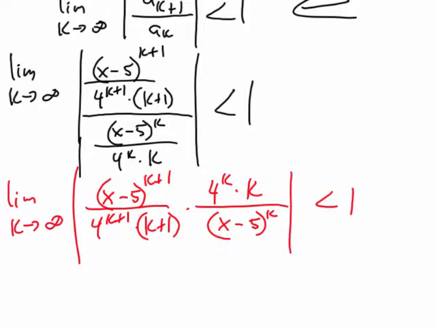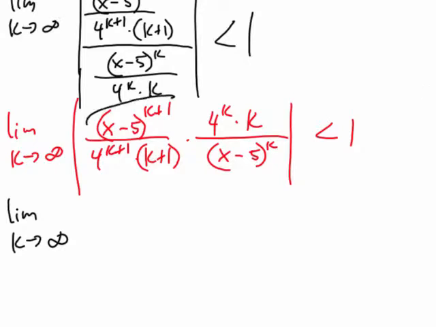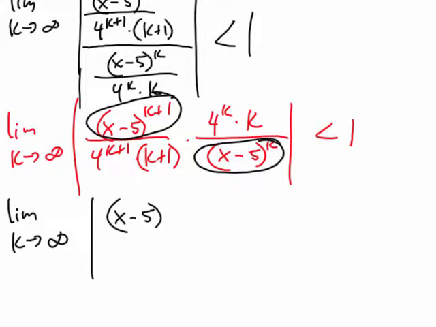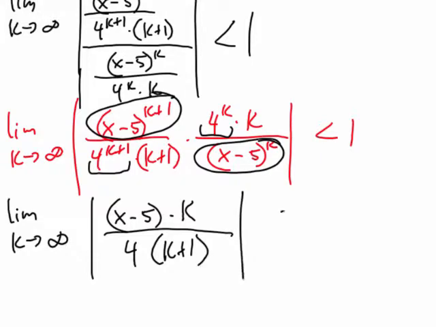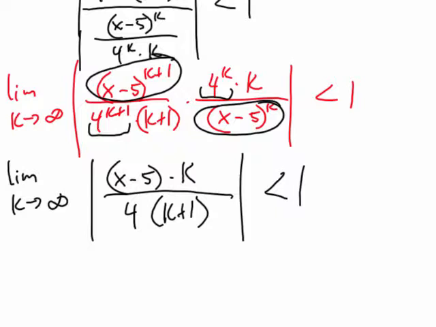So we want to simplify this. I can subtract the powers here, which would leave me with a 4 in the denominator, times k on the top and k plus 1 in the denominator. And now I'm going to take my limit, which means that the 1 here won't be important.